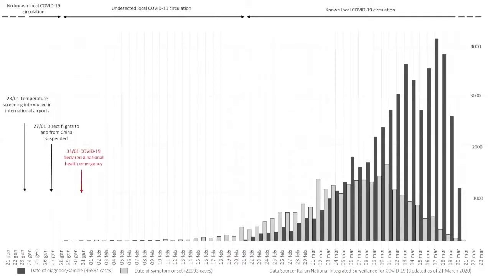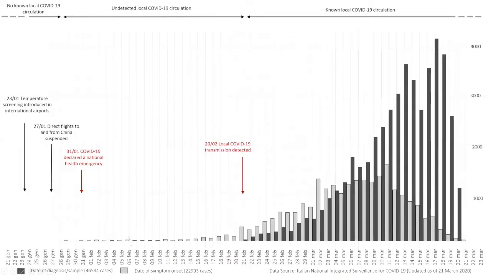Then at the end of January, on the last day of January, the government declared a national health emergency for this COVID situation. At that time, we had no cases. Then you can see these 2 cases were two Chinese tourists who were detected while traveling in Italy. They were quickly isolated and treated in our infectious disease reference hospital in Italy, the Spallanzani.